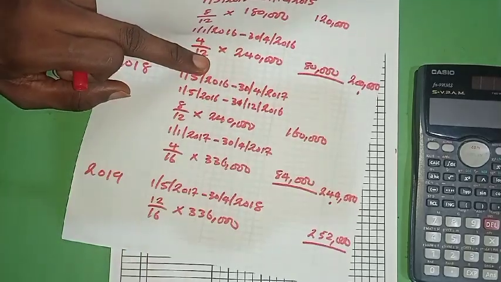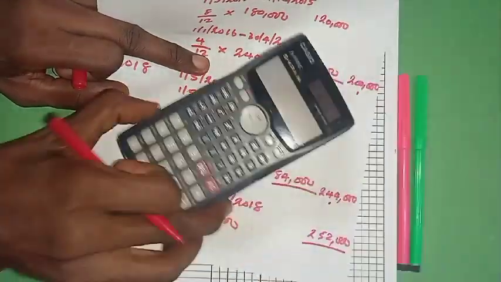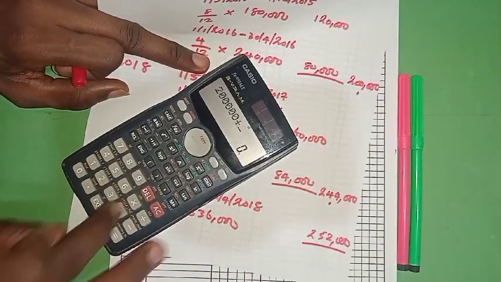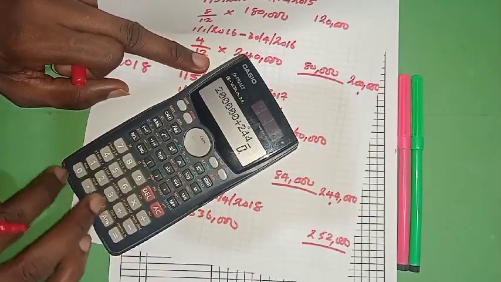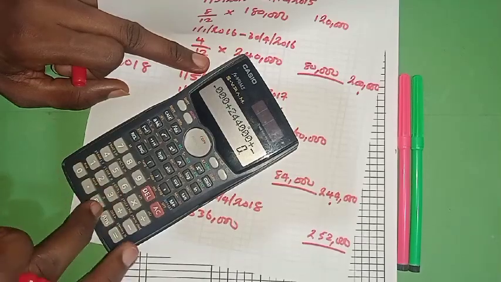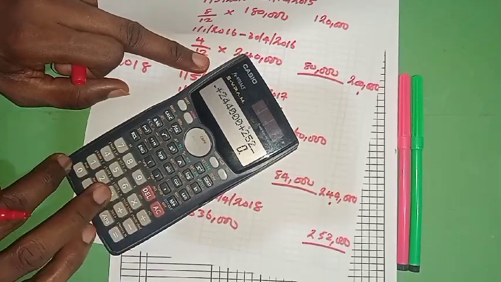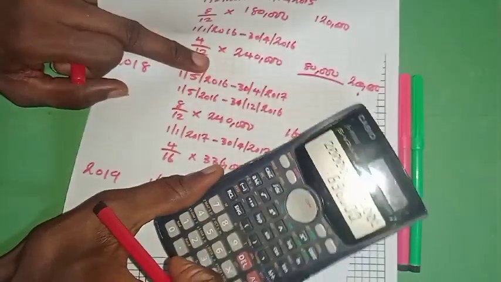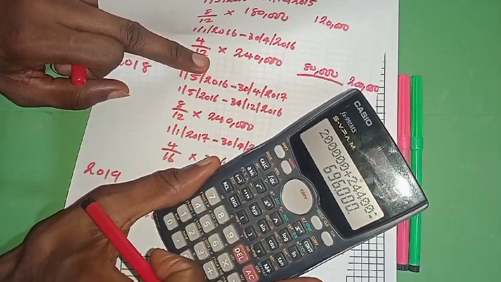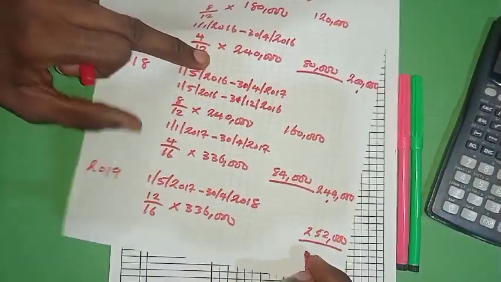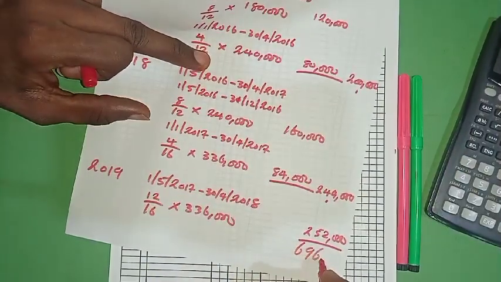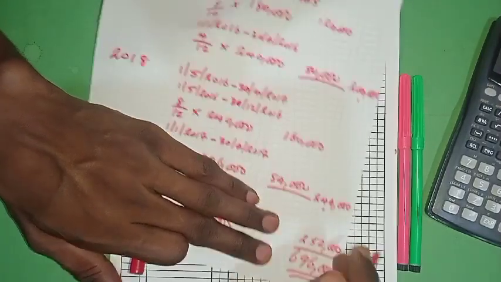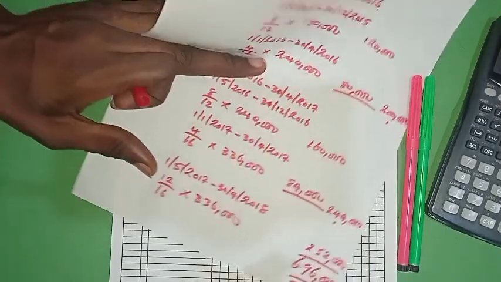It's going to give us 200, 244,000, 252,000 equals to 696,000. 696,000. This is the what? The new date.